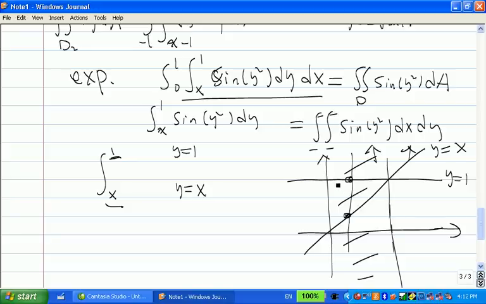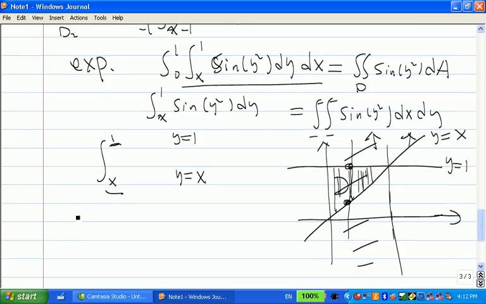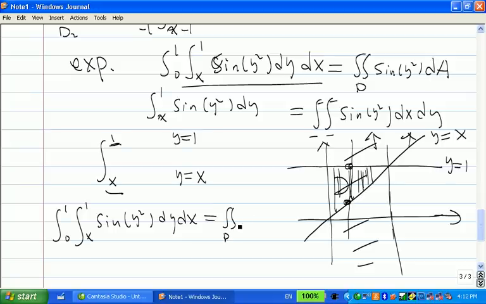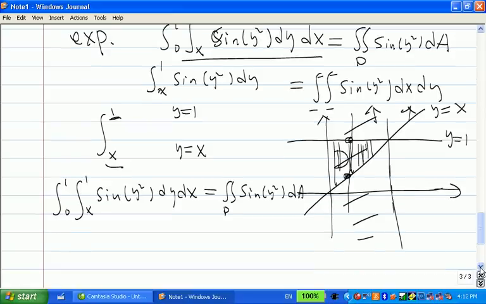So it's clear, this triangle is our region D. Therefore, this iterated integral, the sine y squared that we want to evaluate, is equal to the double integral over D of sine y squared dA. And now we know what D is.